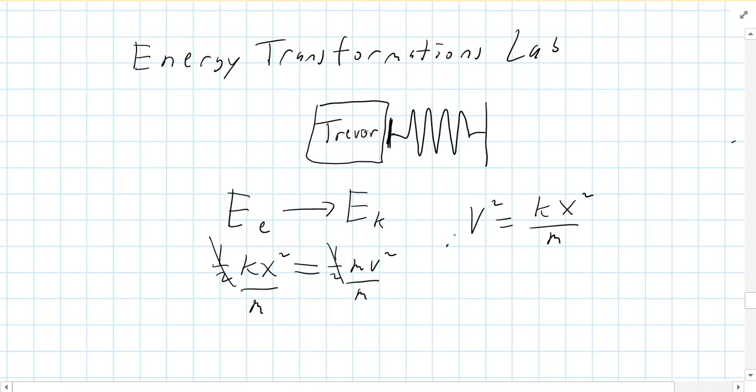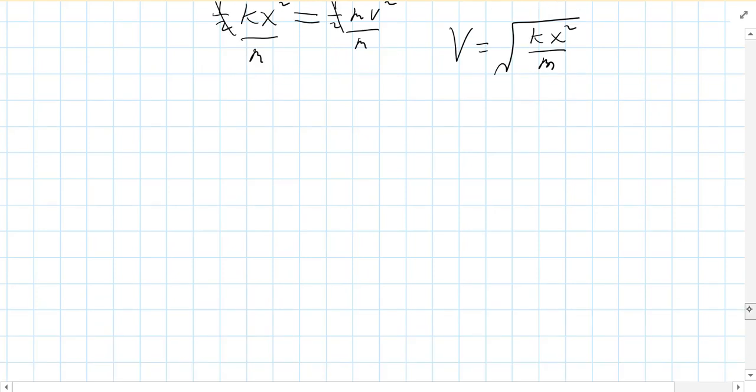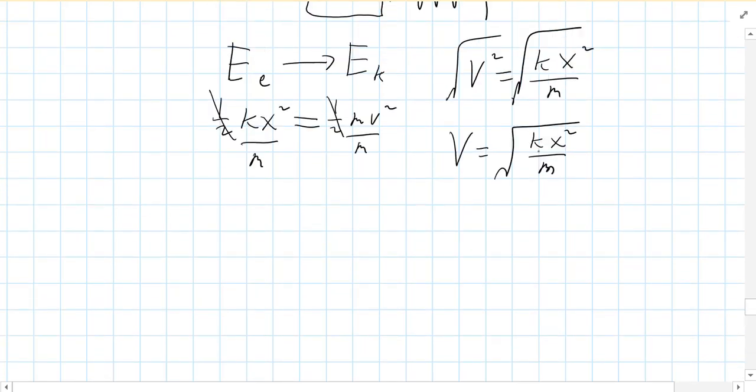So if I square root both sides, I get v equals the square root of k x squared divided by m. Now I'm going to do one step further. I have the square root of x squared, which is simply x. So I can pull that x squared out of the square root and just make it an x. And I get the following: v equals x times square root of k over m, okay?